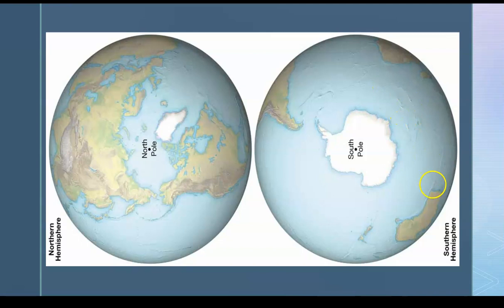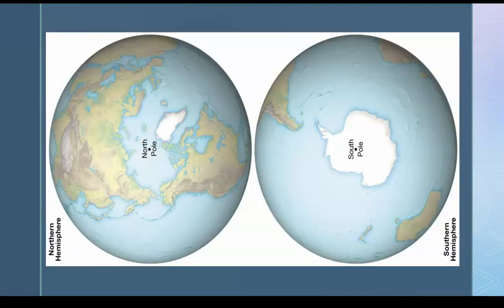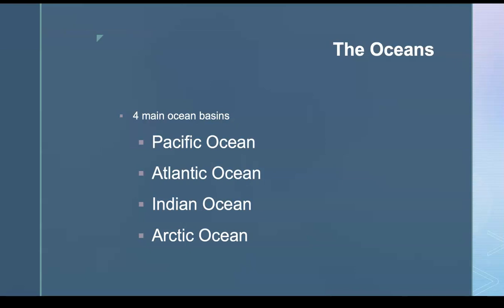And certainly at the South Pole we have Antarctica, but still, almost, what was it, double? Yeah, double the land in the northern hemisphere. So hopefully you knew this, but just wanted to take a couple moments and remind you. And this also ties into part of our lab.